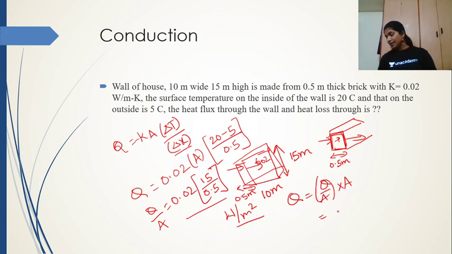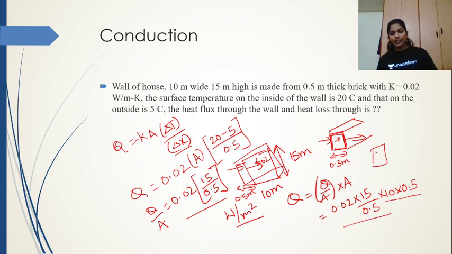So what will be the area? It is 0.02 into 15 by 0.5, into 10 into 0.5. This is the area because this is the projected area, right?